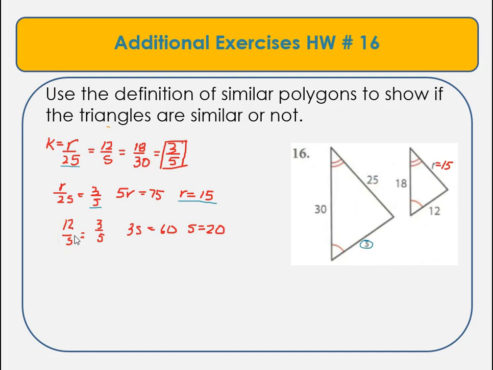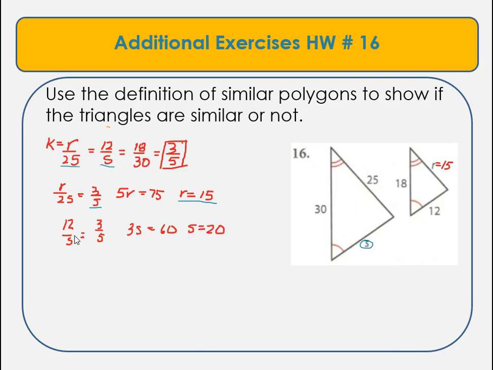The ratio for this was 12 over s. So 12 over s equals our similarity ratio, 3 over 5. And now let's use cross products. 3 times s equals 12 times 5, which is 60. 60 divided by 3 is 20.